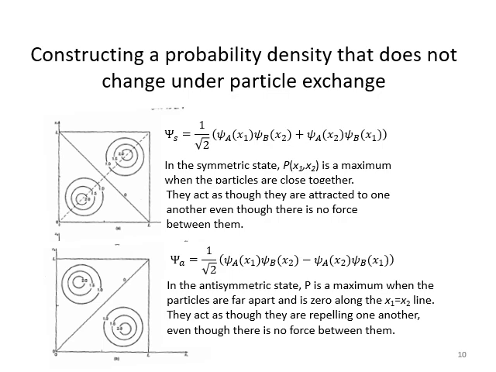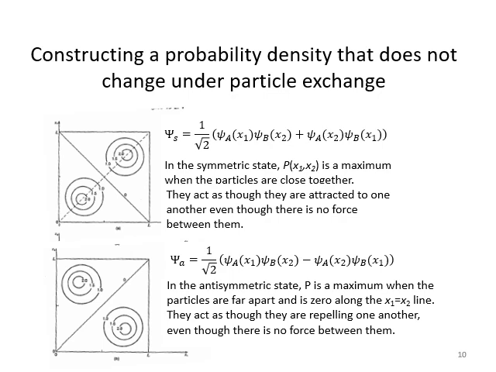Now let's look at this situation. Remember, this is for particle 1 at some position and particle 2 at another position, and we've created an exchange wave function that is symmetric under exchange. That is, we get the same wave function back again. And we notice that the highest probability density occurs along the line where x1 is equal to x2.